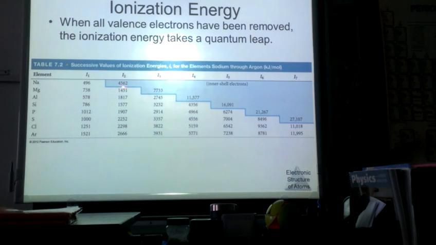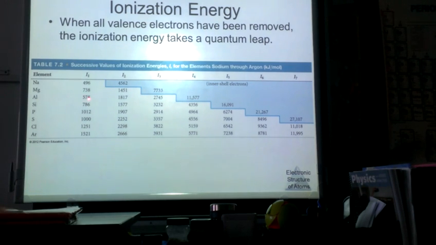I need a lot of energy to take off the third. So that means that now I'm taking off a core electron here. So this atom should have 2 valence electrons. We know that it does because it tells me right here that that's magnesium. So that's another way that you can read this. And that's, I think, how AP Chemistry will want us to read a graph like this.